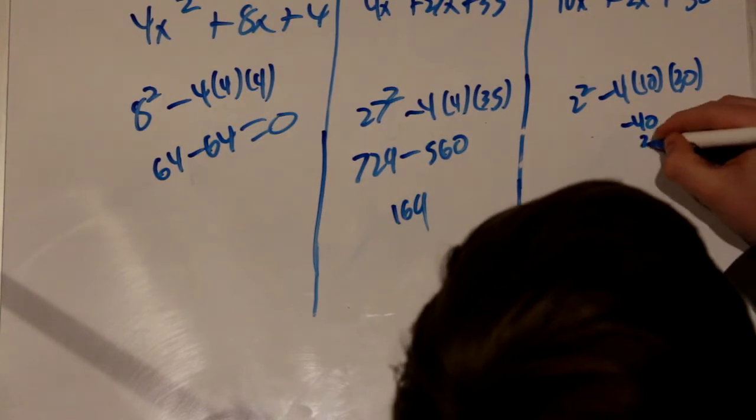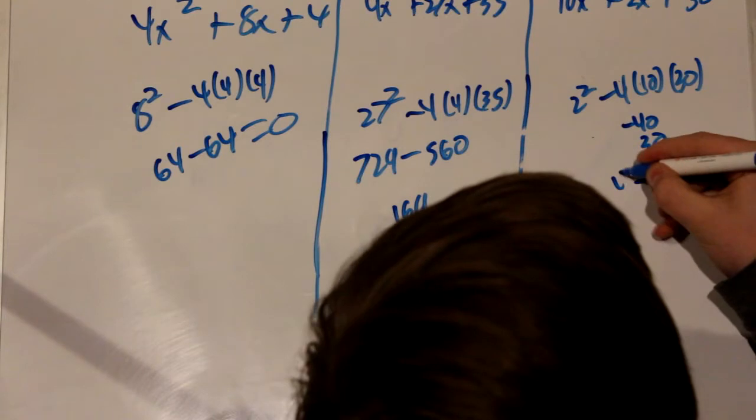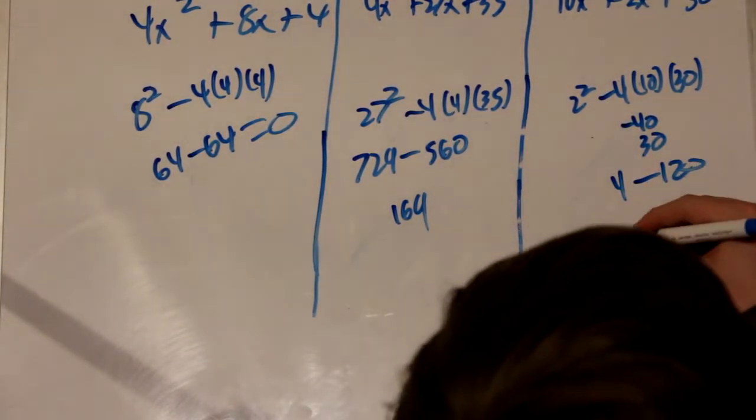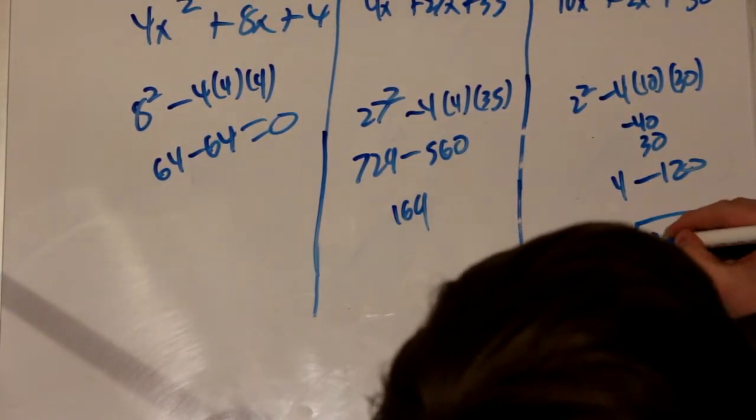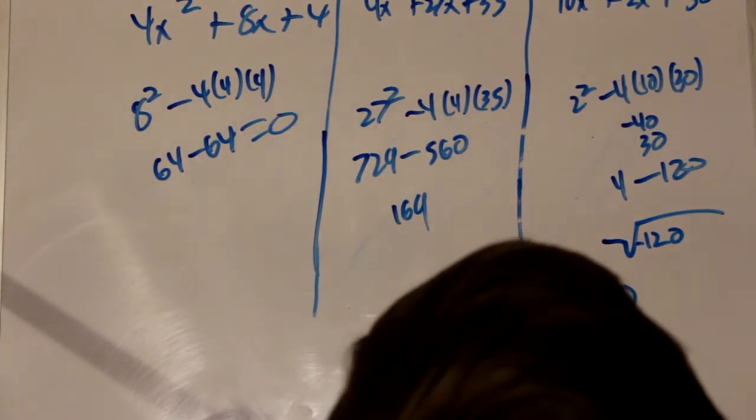Negative 40 times 30 is negative 1200. And of course, 2 squared is a little old 4. This gives us a negative number, and when we plug it into the rest of the stuff, you cannot find the square root of a negative number, therefore the number of answers is 0.